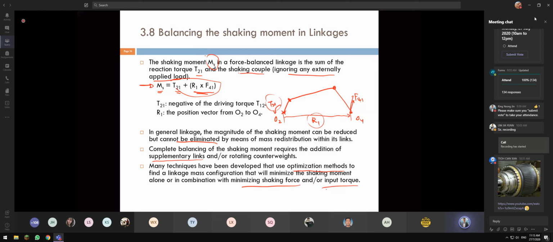So that's why we always have a problem where we have shaking force, shaking torque, and shaking moment. Improving this affects this and this.